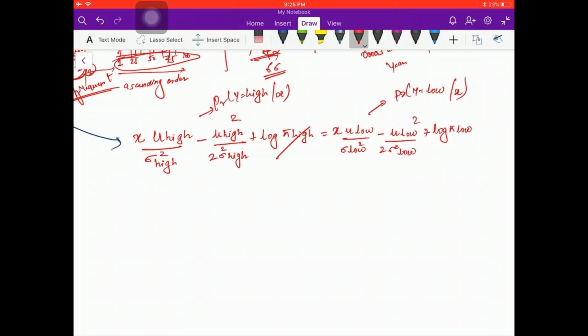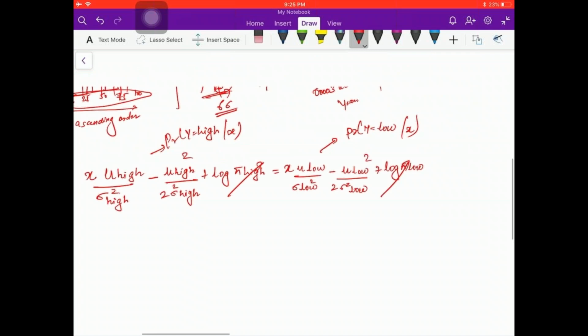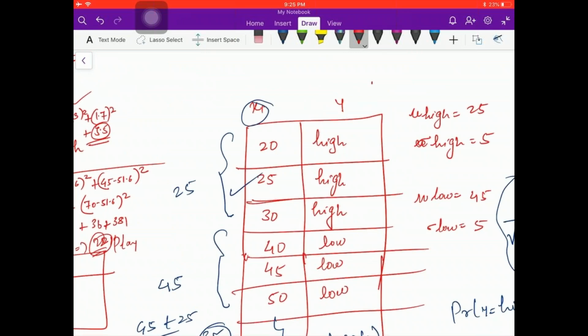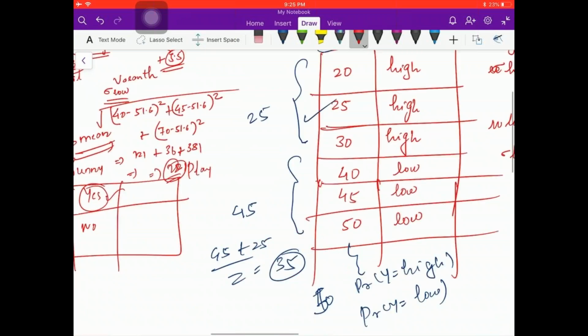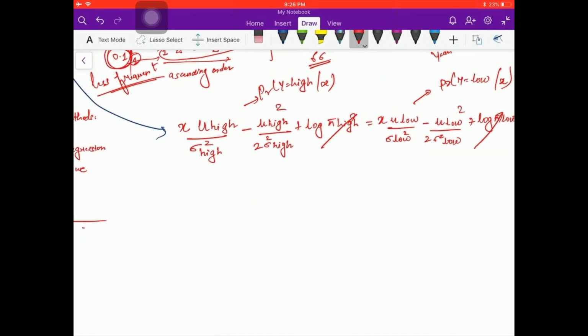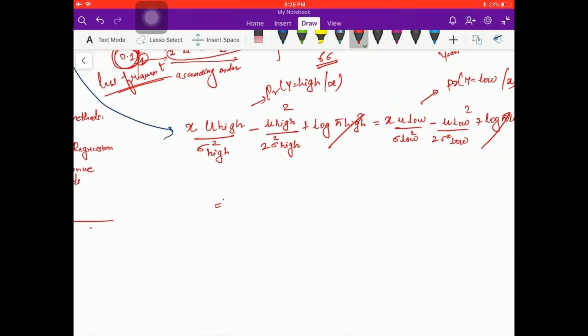I've said that pi high and pi low are equal, 0.5, so they cancel off. If you solve this equation, x comes out equal to mu high plus mu low divided by 2.